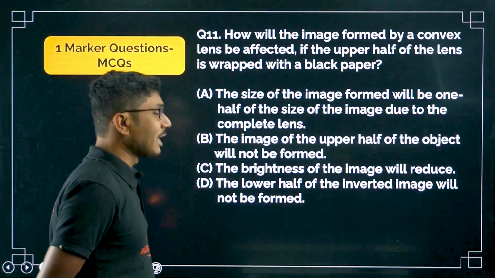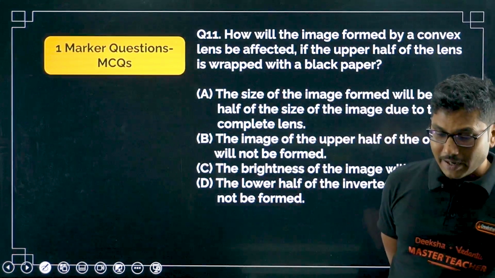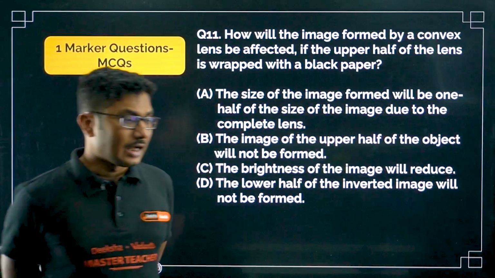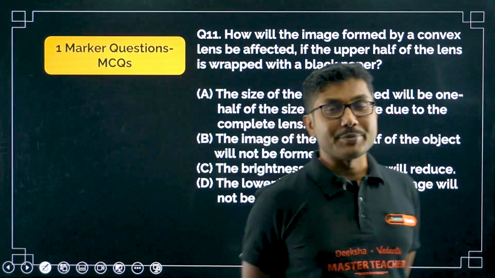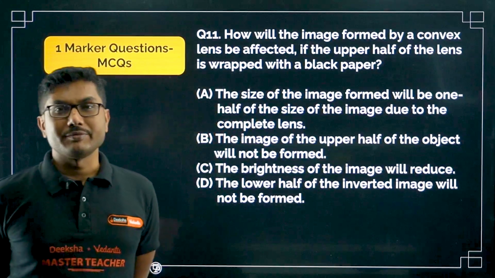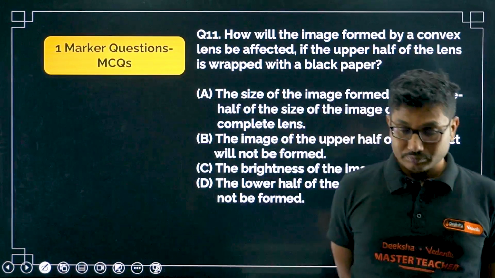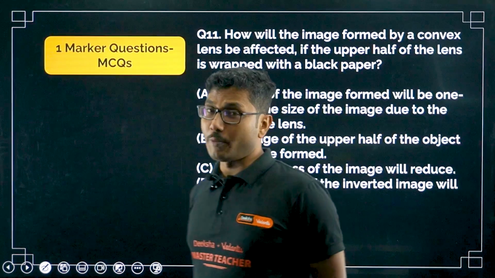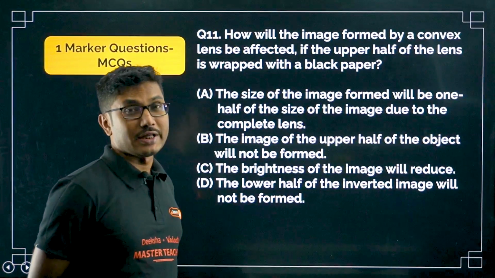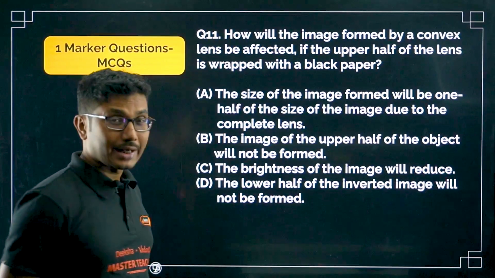Even if you cover half of the lens, the lens will still operate as usual. Only the brightness of the image formed will be less. Brightness depends on the full opening. If the lens is fully open, the brightness of the image is slightly better, but if you cover half, it will still work as usual.